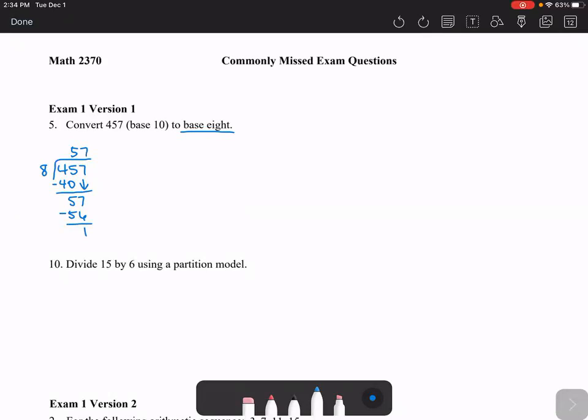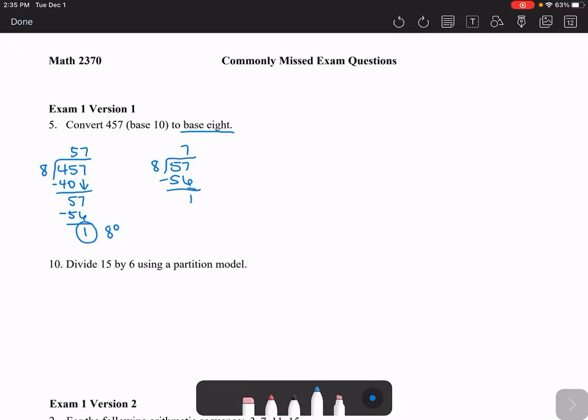Whatever our remainder is, this is always going to go in our ones place. I typically write this as the 8 to the 0 place because it's going to go in our ones place. Our next remainder is going to go in our 8s place. Our next is going to go in our 8 squared place, and so on. So we take this 57, our quotient here, and keep dividing our quotient by 8. 8 goes into 57 7 times with 1 left over.